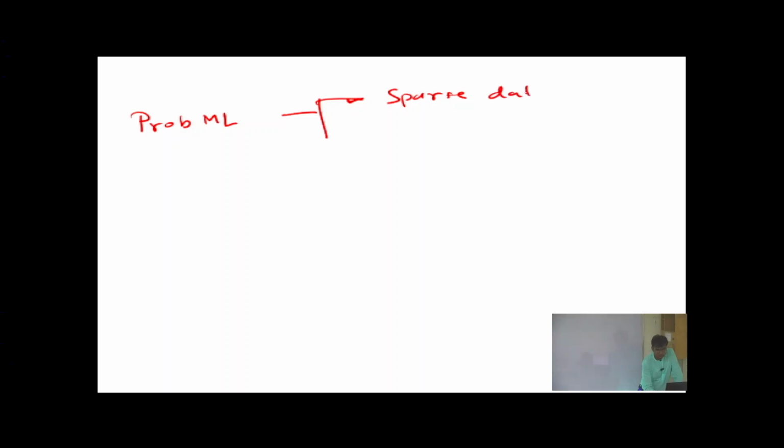So one of the cases where it is needed is, as I said, probabilistic ML when we have sparse data. Okay. That is the case where this becomes absolutely important, and for mechanics problems, doing experiments and collecting data is very expensive. So it's very important.